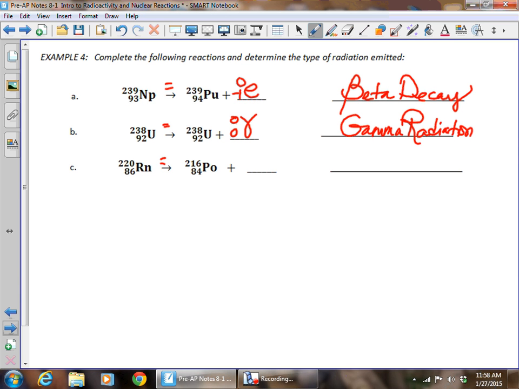Finally, on the last one, we've got 220 on the left, 216 on the right. We need another 4 on top. To match the 86 on the left, our 84 needs a 2 added to it. And the particle that matches those numbers is our 4 over 2 He, which is our alpha particle. So this is going to be alpha decay.